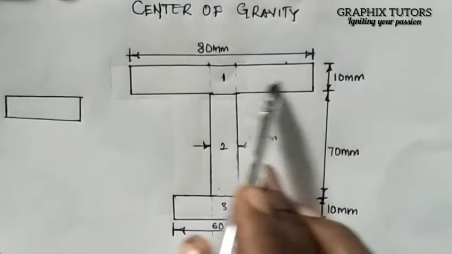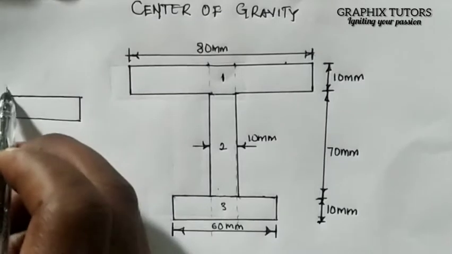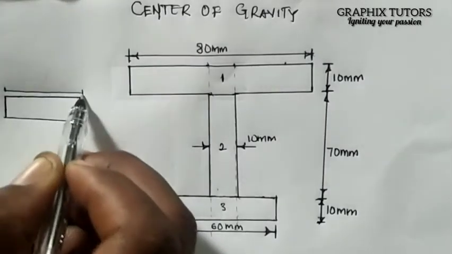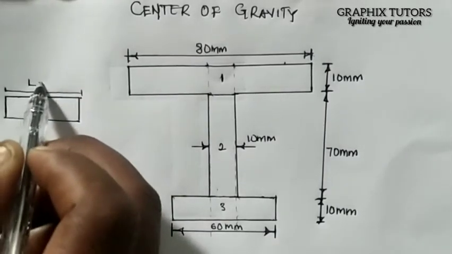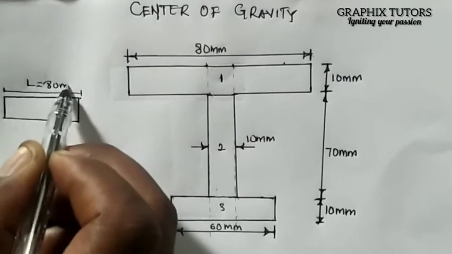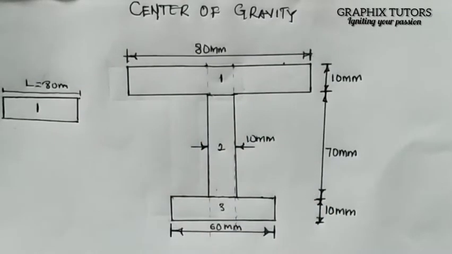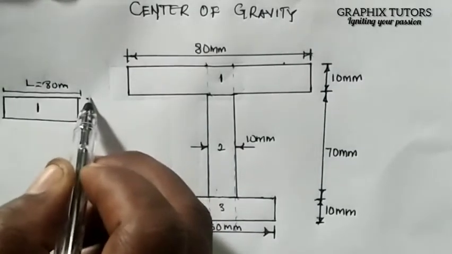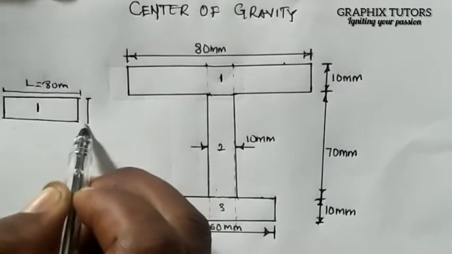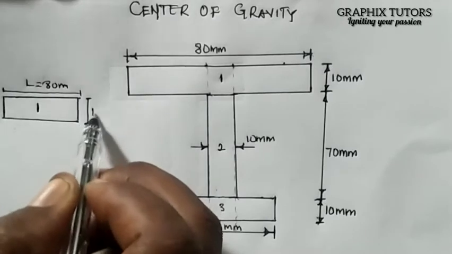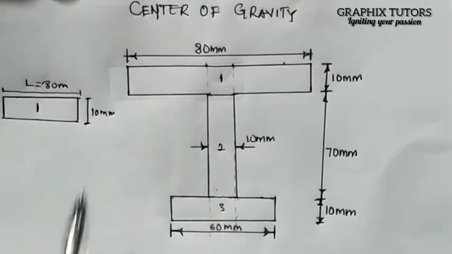This top here, the length from here to here is given as 80 millimeter. And the breadth here, I would like to say the height, is given as 10 millimeter, right?